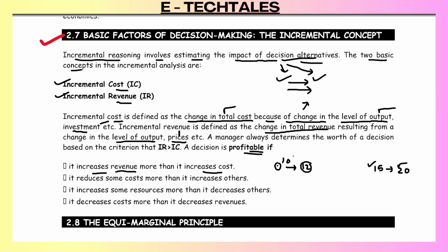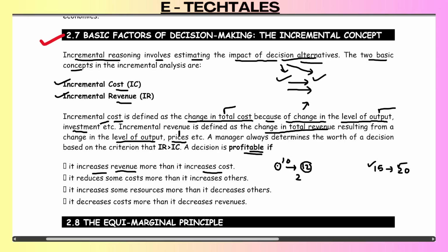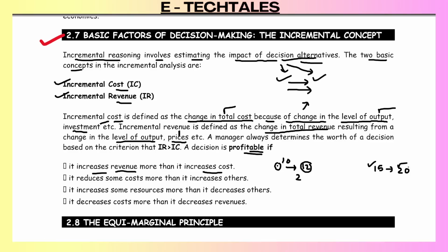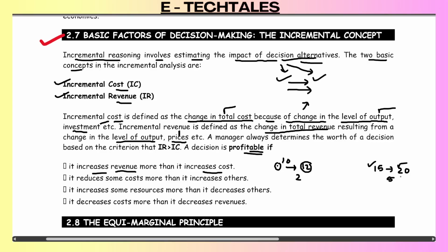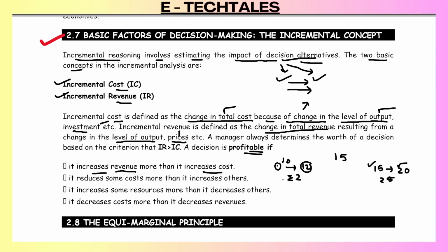The cost has increased by 2 rupees, but the selling price has increased by 5 rupees. Previously, the difference between 10 and 15 was 5 rupees.